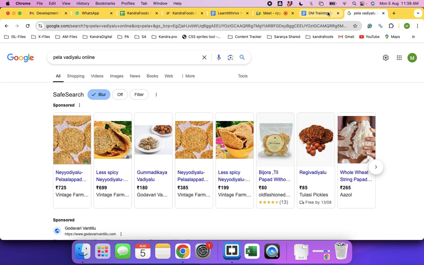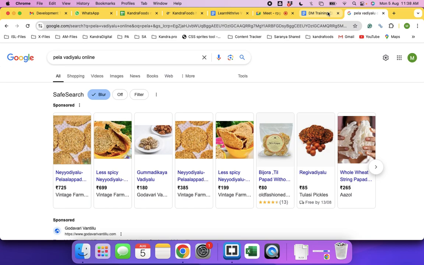Okay, so I can add negatives in broad, negatives in phrase, or I will remove Papad and Appadalu and I can add it all in broad.